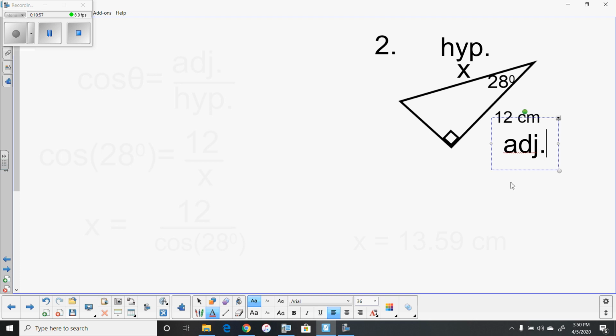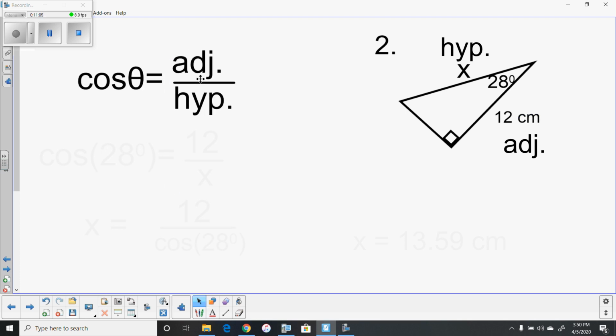So I've got adjacent and hypotenuse. It means I need to use, sorry about this, cosine. Cosine of theta is adjacent over hypotenuse. So plug in what you've got. The theta is 28, the adjacent is 12, the hypotenuse is x.